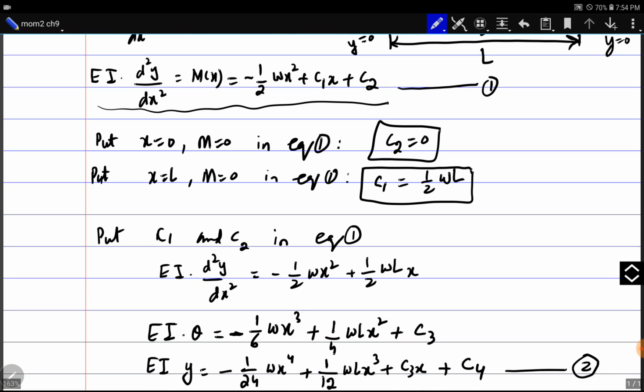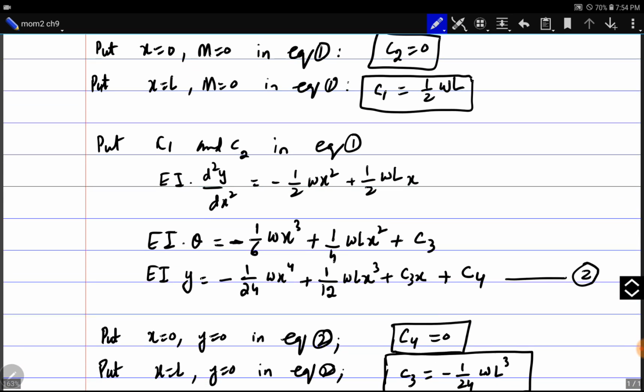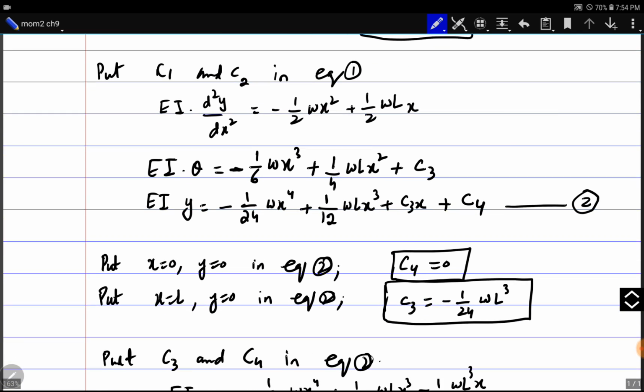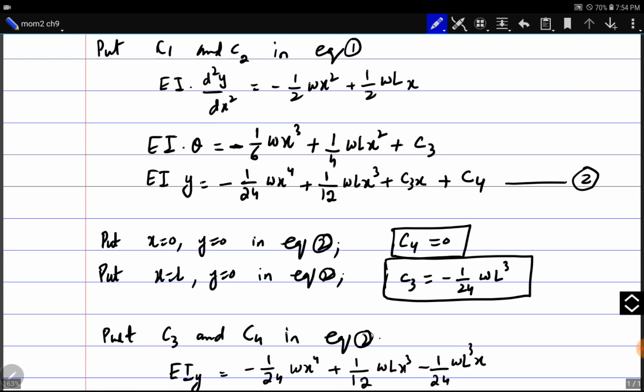C1 and C2 were calculated using boundary conditions related to moment. C2 becomes 0, C1 becomes 1 over 2 WL. By putting C1 and C2 into the above expression, we got this second order differential equation.